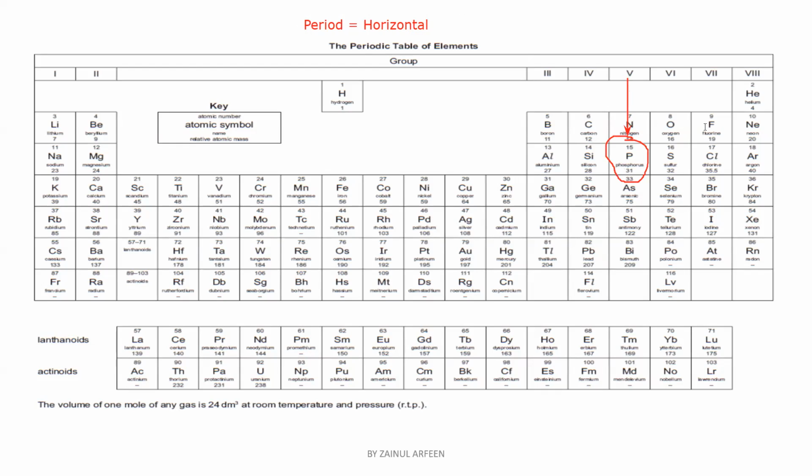Whereas in a periodic table, the period represents the horizontal rows, which also shows the total number of shells in an atom. How many shells are there in an atom? That is known as the period.